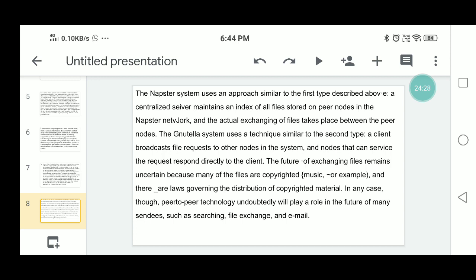After that, I explained the computing environments in the operating system: first the traditional computing, next client-server computing, then peer-to-peer computing, and the next, web-based computing.